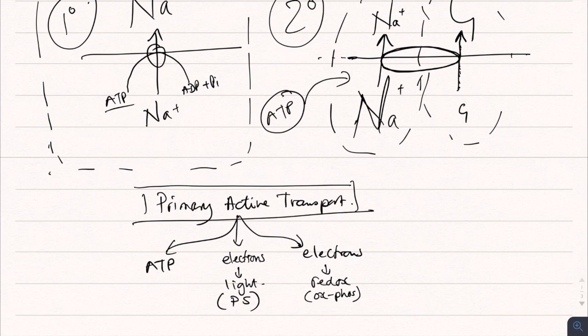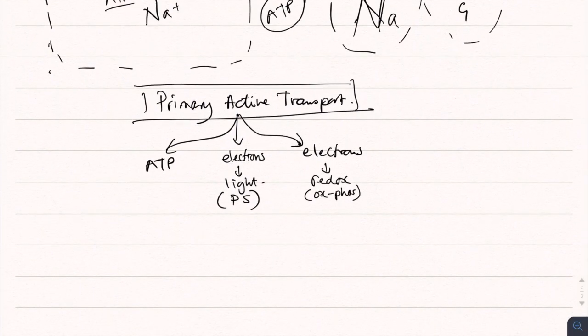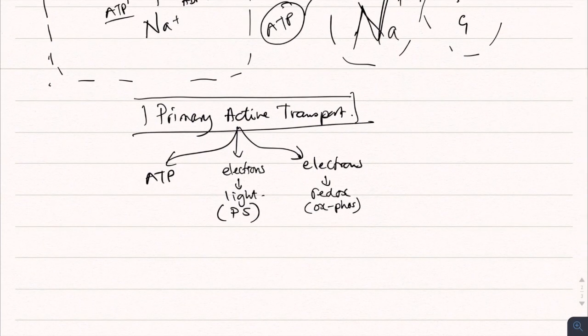I'm kind of not making a great case for not calling this active transport, but I am going to get to the answer, which is this. We've established that primary active transport mechanisms use the energy directly from some source. Why should you not call these active transports? I've got two reasons here. One is scientific, and the other one is more practical for you if you are sitting exams, in particular A-level exams.